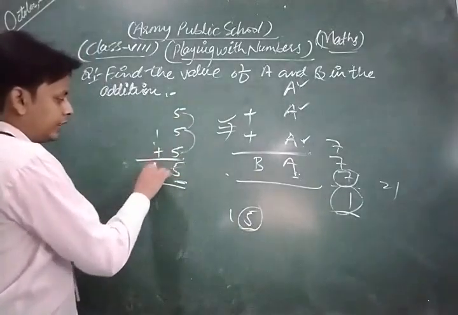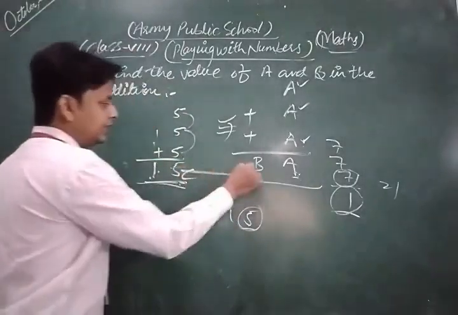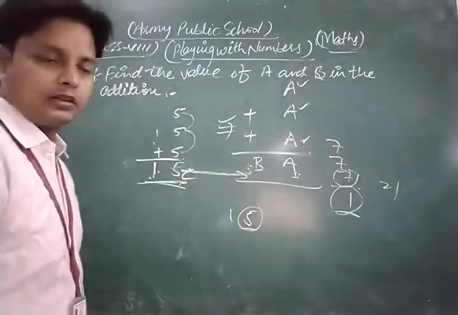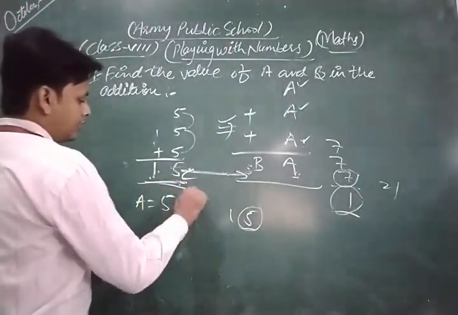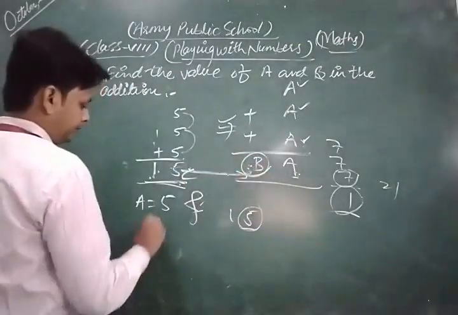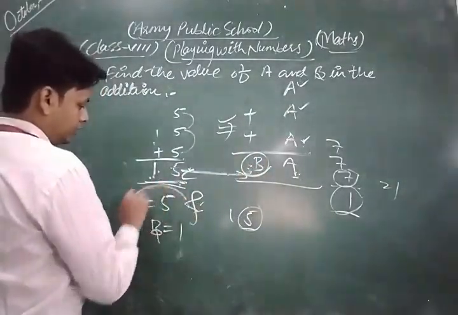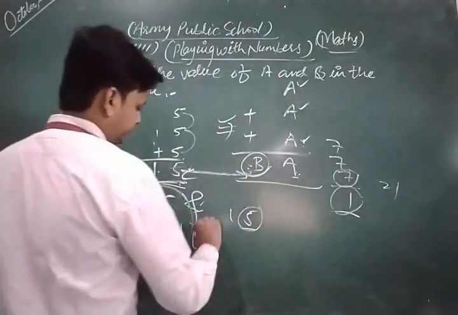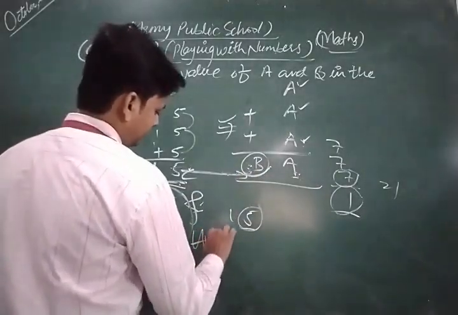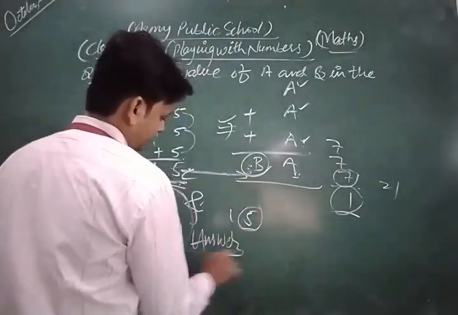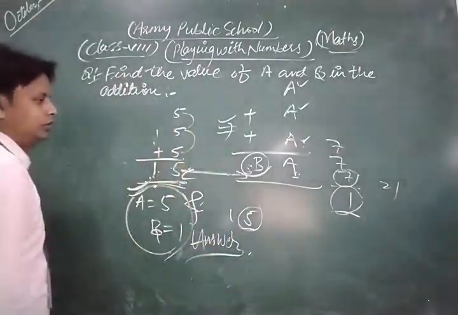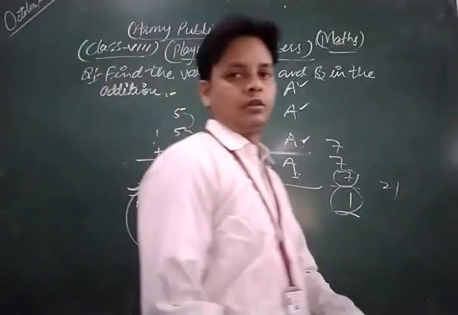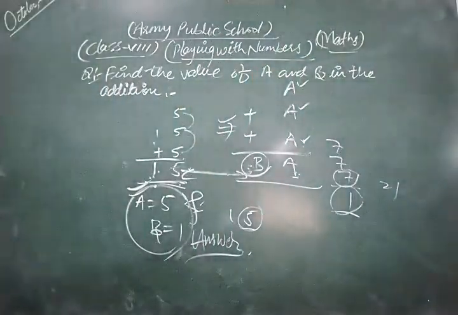So in this way, if we compare these two result expressions, we get the value of A is 5 and the value of B is 1. So this is the required solution of the given question. Okay, this is the required solution.